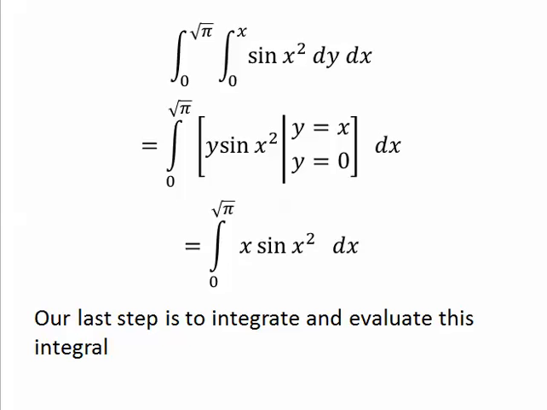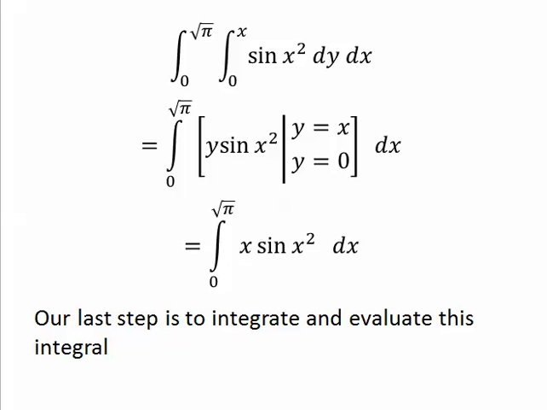Once you evaluate, you can see the benefit of the change of order. I have sine of x squared, and so when I do my u substitution, u equals x squared, I've got the x that I need to do that substitution successfully.